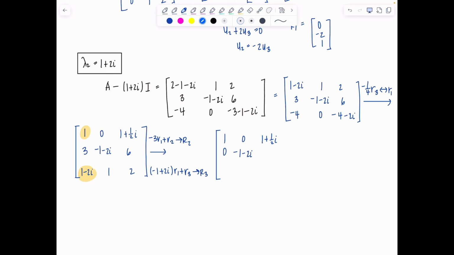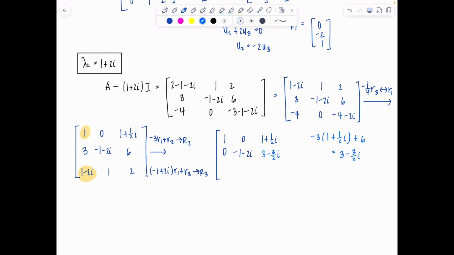Negative 3 row 1 plus row 2 is the new row 2. Okay, let me do that really quick. So negative 3 times (1 plus 1/2 i) plus 6 is going to be the new row 2. So that's going to be 3 minus 3/2 i. Okay.